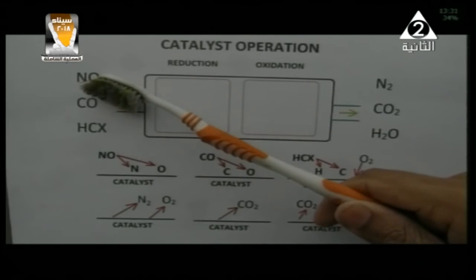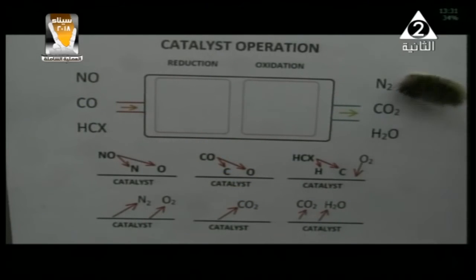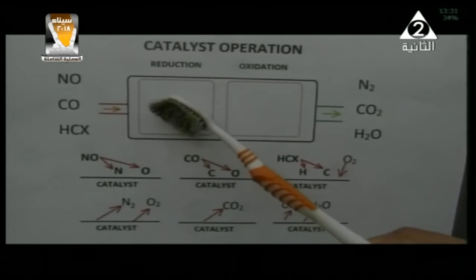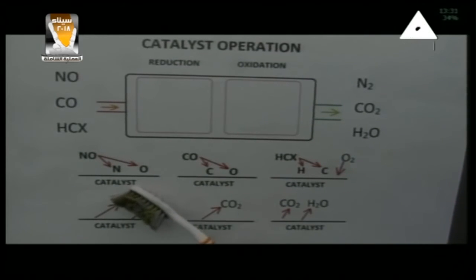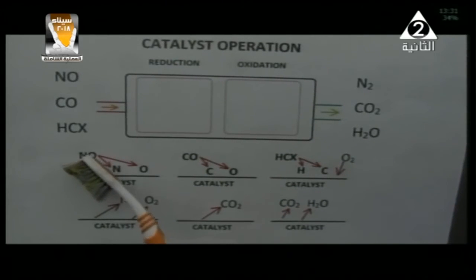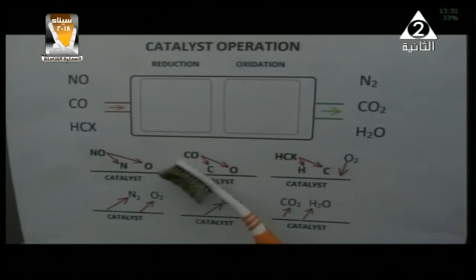So it can't work. NO, CO, HCx, the different gases will be filtered inside into oxides and change into N2, CO2, H2O. These gases NO, also CO, also HCx, act as catalyst.